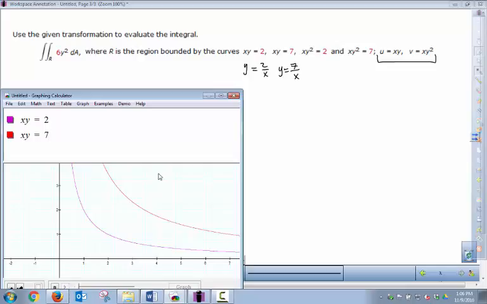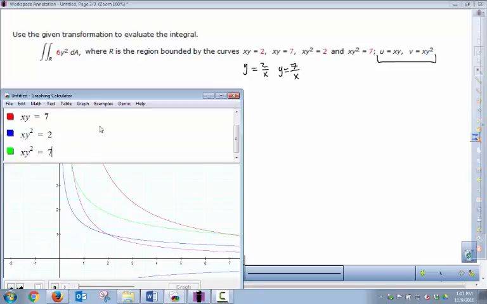And then let's take a look at xy squared equals 2, and then xy squared equals 7.